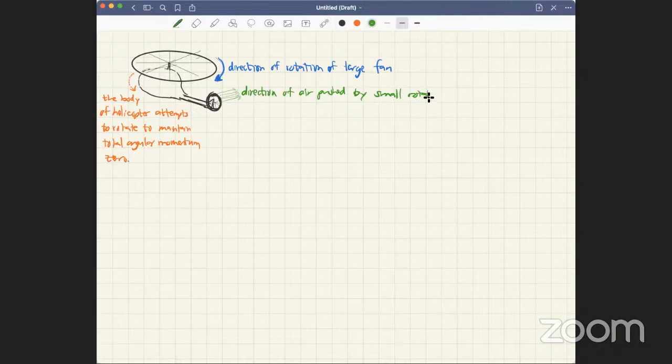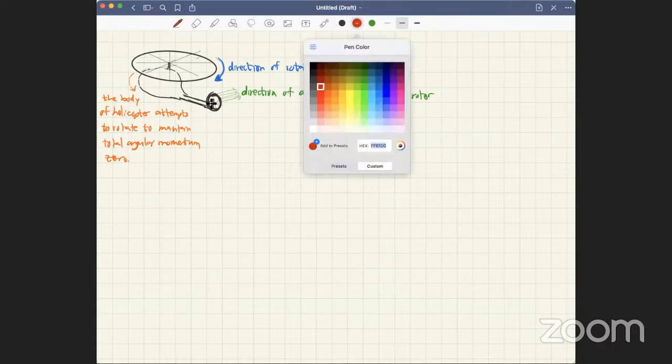People, if the small rotor pushes the air that way, what will air do to the small rotor? According to Newton's third law, it will push the rotor in the opposite direction. Very good, right? So I'll use another color for that.